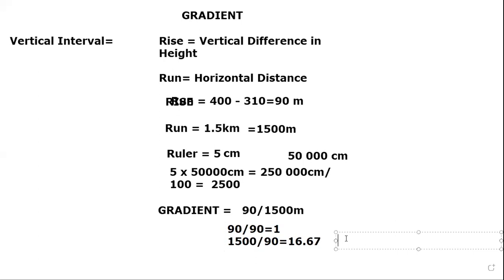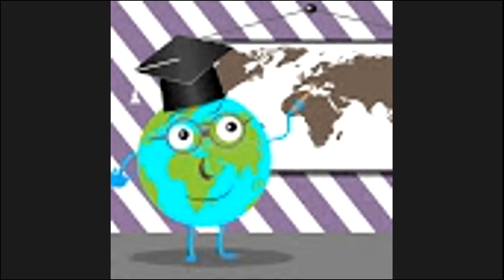So it is now 1 to 16.67. Everybody understand that? If you do it with 2,500, you just remove the 90 and put 2,500, and then you divide the same way. You all understand how to do gradient? So make sure you measure it off your map properly.